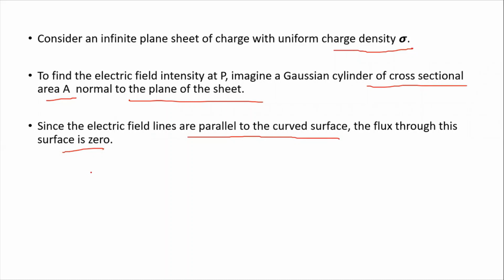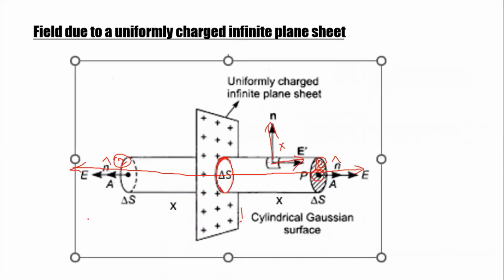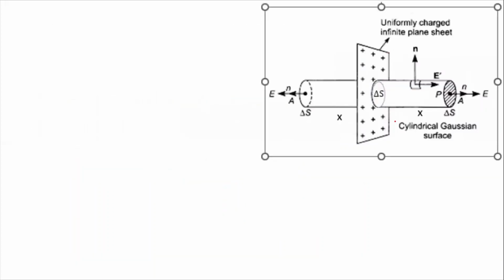Now we are going to calculate the electric field at this point P using the same method as previously. Here, instead of line charge, we use surface charge distribution.